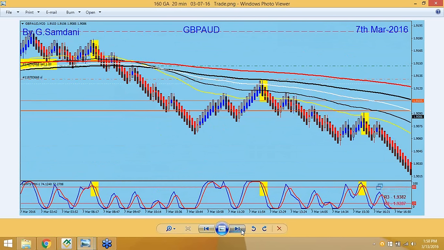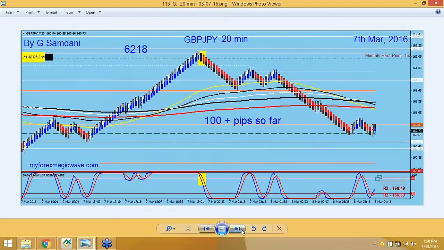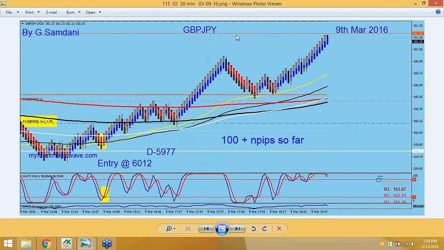Did I show you anything on the 8th? No, I see here on the 9th, pound yen. Pound yen, I discussed early in the beginning of the week that it's going to go up. We had a nice weekly chart setup that is going to go up hundreds of pips, and it did. Also euro yen as well. I didn't trade euro yen this week.